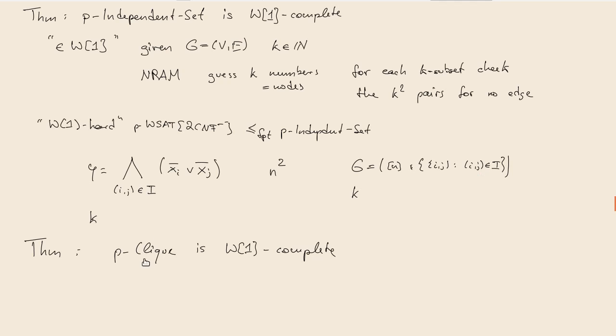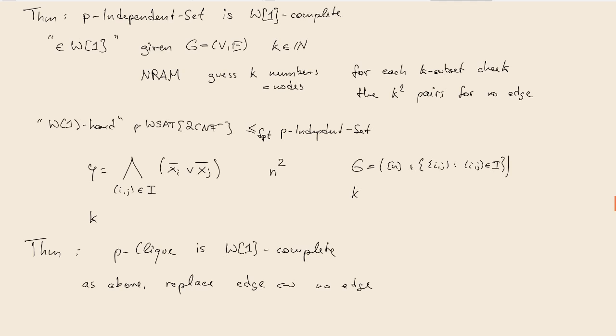This is just because independent set and clique are essentially the same problem, just on the inverse graph. Okay, that was very simple.